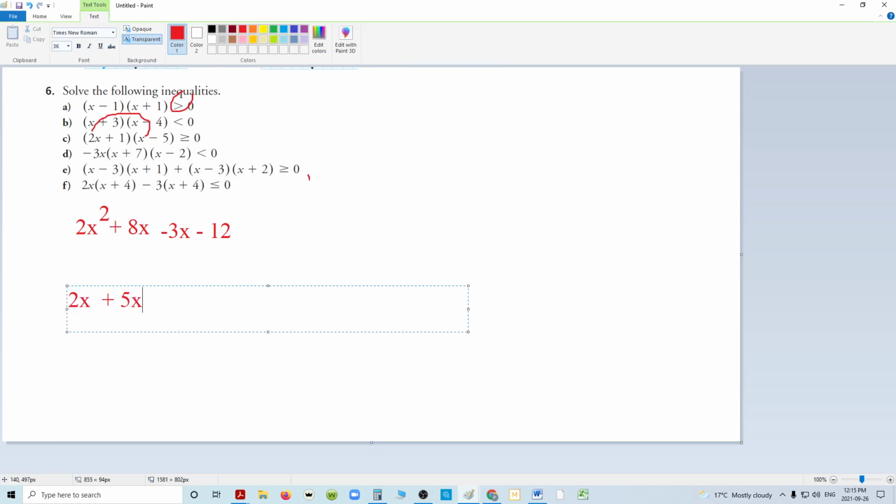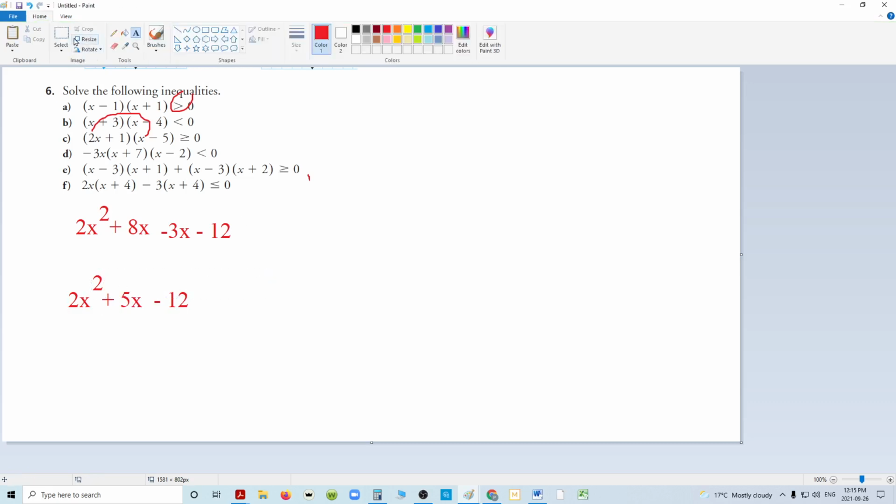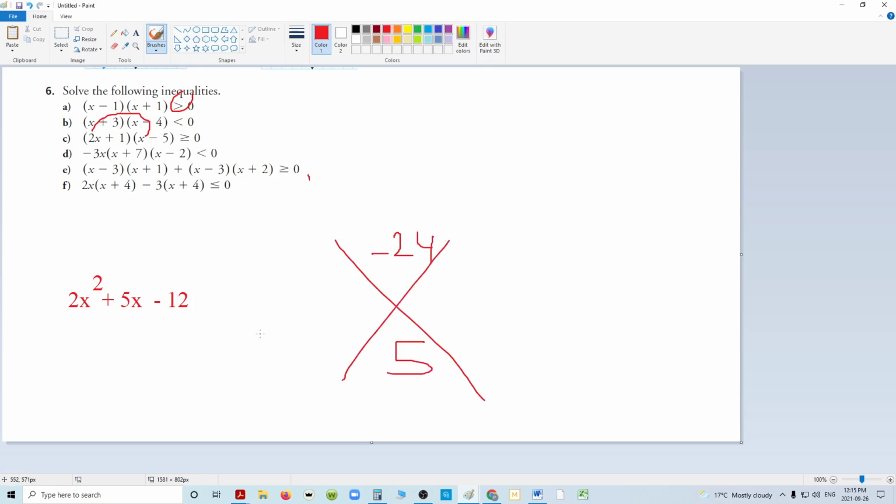So it's clear that it's going to be 2x squared plus 5x minus 12. So your only question is, since they're looking below or equal to 0, is there any number that multiplies out to negative 24 that adds up to 5? It's going to be a positive and a negative number. So there's 6 and 4, that won't do it. There's 12 and 2, that won't do it.